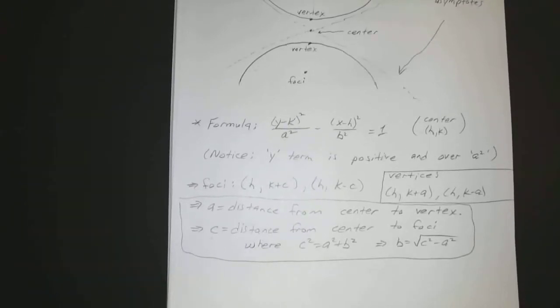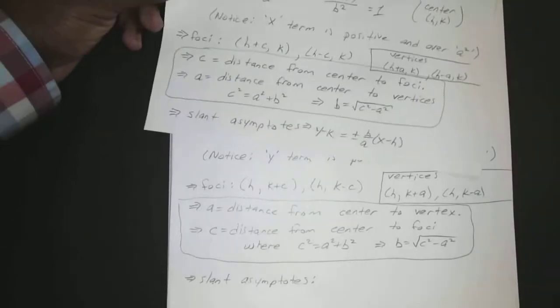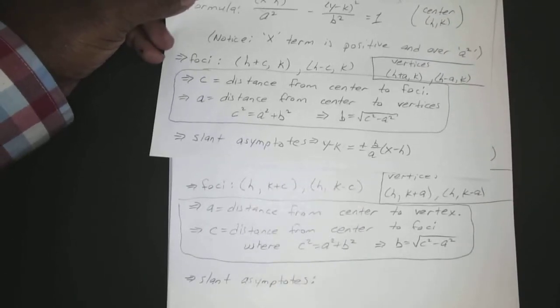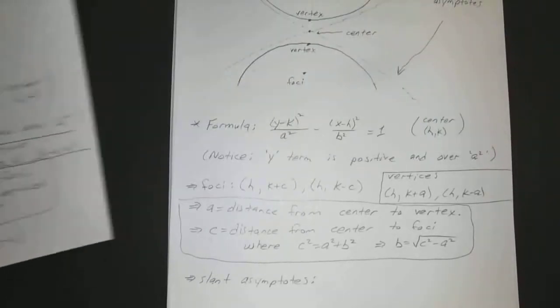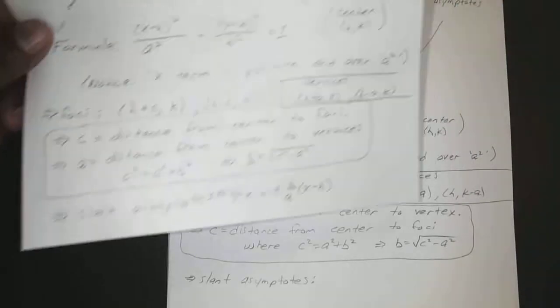Okay, and just like before, we have a formula for the slant asymptotes. If you remember from the horizontal, it's y minus k equals plus or minus b over a times x minus h. It's the exact same formula; you're just going to switch the b and the a.